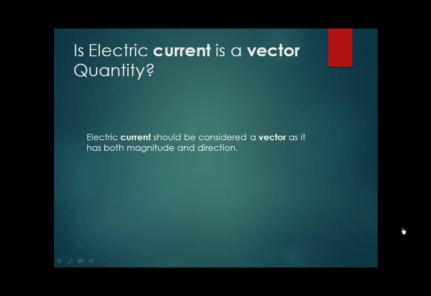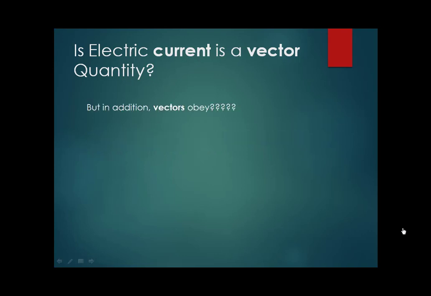So there is a question: is electric current a vector quantity? Electric current might be considered a vector quantity as it has both magnitude and direction, because the flow of electrons tells us the direction of electric current.